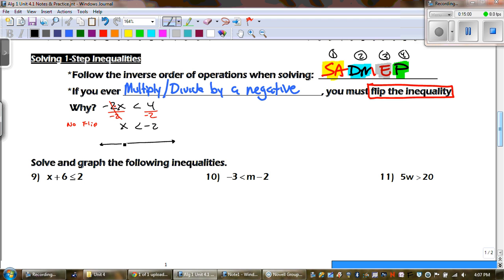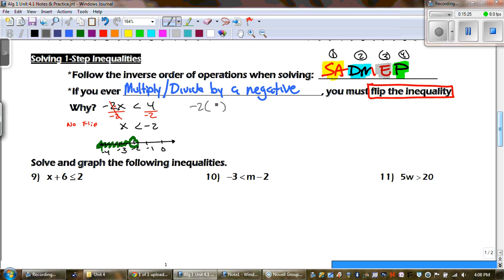So if x is less than -2, there's our number line. It's less than, so it's open and to the left. We can pick any number to the left, any number, and let's plug it in.